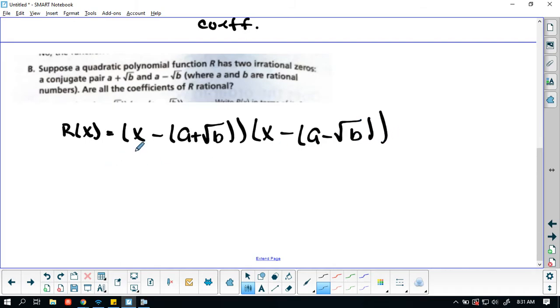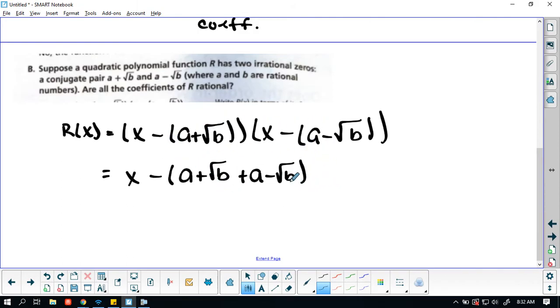All right, now let's look at this. We're going to FOIL this out. Again, I'm going to use that idea that the b coefficient is going to be these added, and the c coefficient is going to be these multiplied. So we have x squared minus a plus root b plus a minus root b, because we have the negatives here.